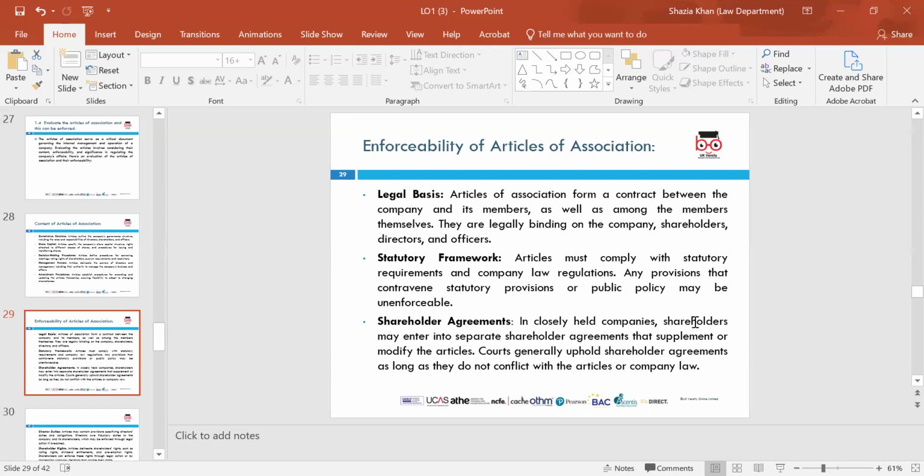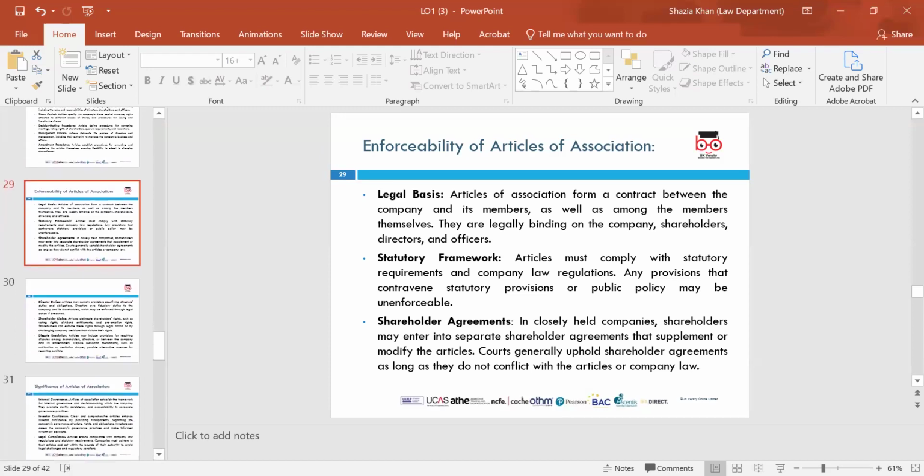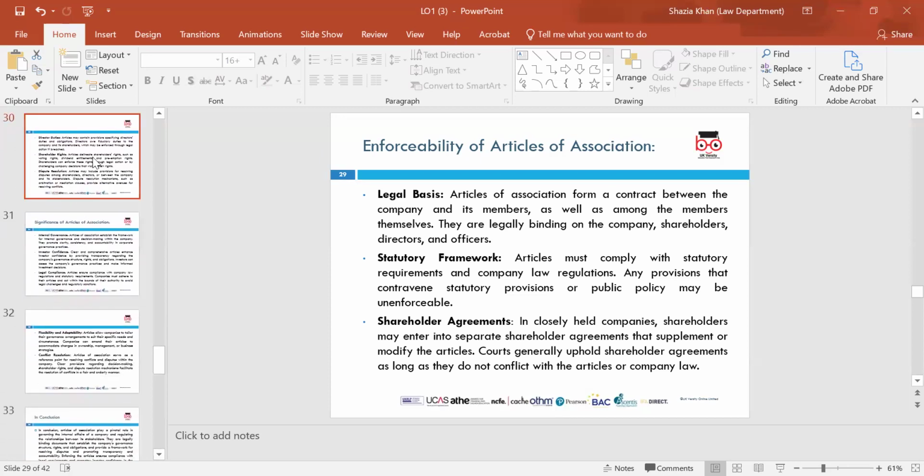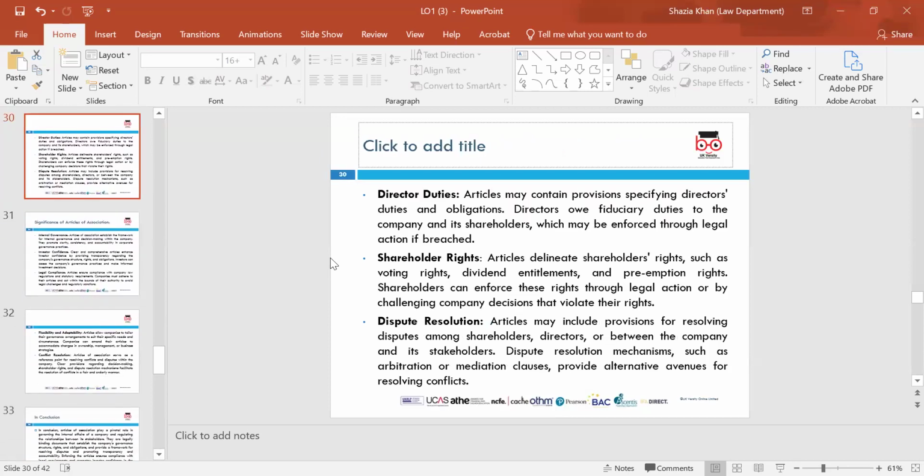Shareholder agreements. In closely held companies, shareholders may enter into separate shareholder agreements that supplement or modify the articles. Courts generally uphold shareholder agreements as long as they do not conflict with the articles or the company law. Directors' duties.